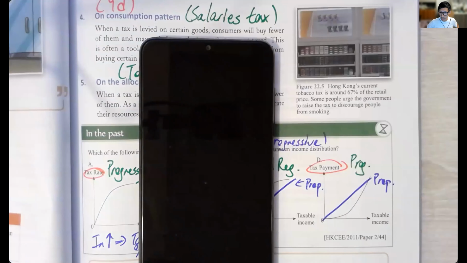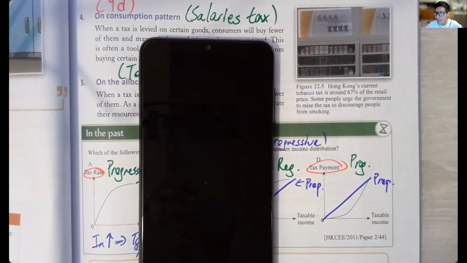rich people. Very ultra extreme rich people, they are the ones mainly paying. We'll talk about how it works later. Now let's say compared to the old salaries tax structure, the new tax structure has more allowance, right?